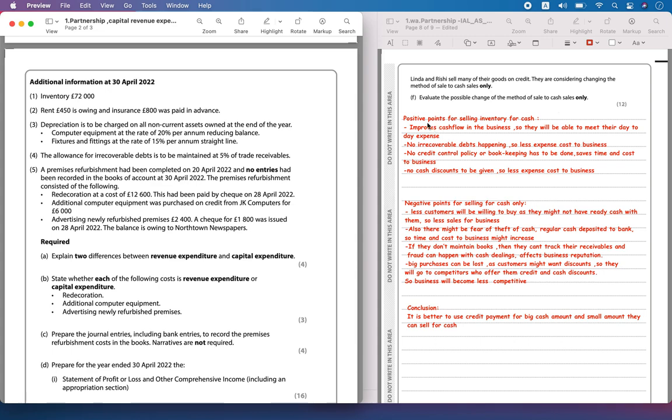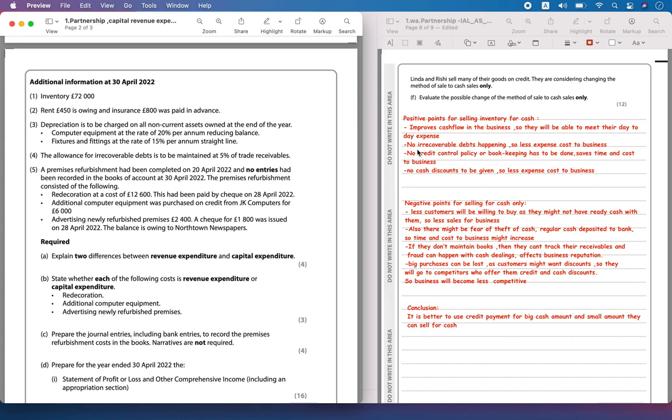So let's evaluate this. We assume that Linda and Rishi sell all their goods for cash. The positive points will be improved cash flow in the business. If they have sufficient liquidity, they will be able to meet their daily expenses for paying wages or electricity or whatever it is.